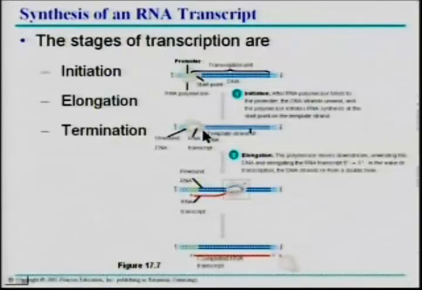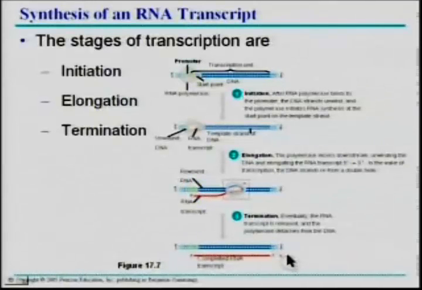In the wake of transcription, the DNA strands reform a double helix. And then third, termination. Eventually the RNA transcript is released and the polymerase detaches from the DNA, and the completed RNA transcript, the primary transcript, is now available.